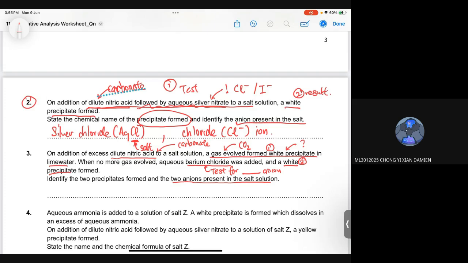Anybody? Look at your previous page. If you add barium chloride, yes, you're testing for sulfate. Good. I hope you're looking at your previous page to find out what is the exact anion that I'm testing for. So if I add barium chloride, actually I'm testing for the sulfate ion and a white precipitate forms.